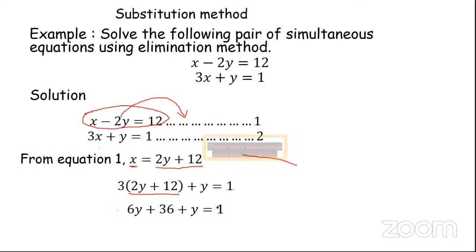Then plus y is equal to 1. So we collect like terms. So 6y plus y would give us 7y plus 36 is equal to 1.